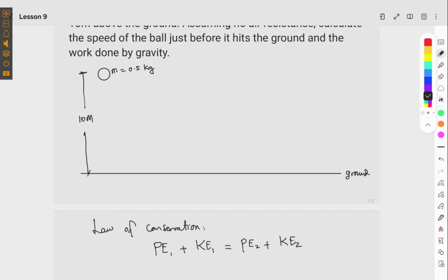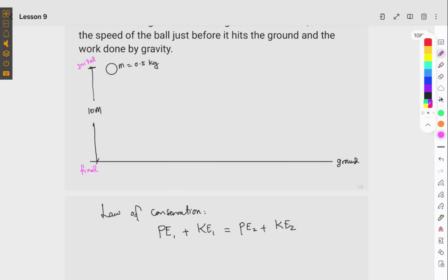Let's call this the initial position, and this is the final position. Now, the potential energy and the kinetic energy at the initial position: none, right? Because it's not moving.